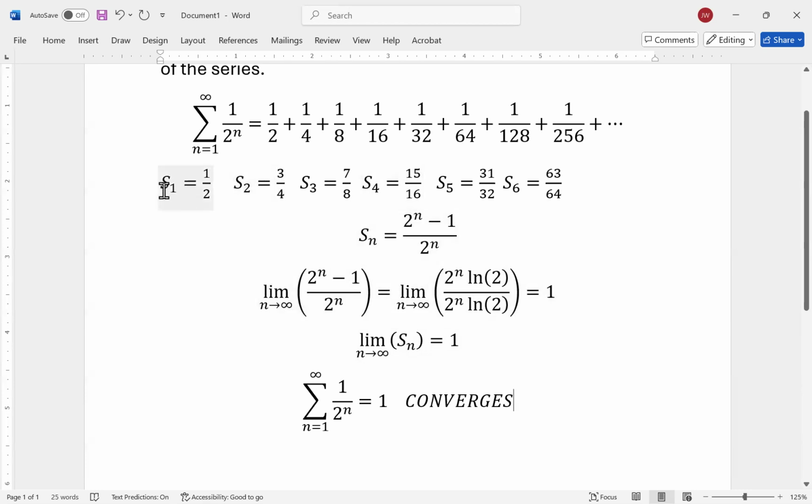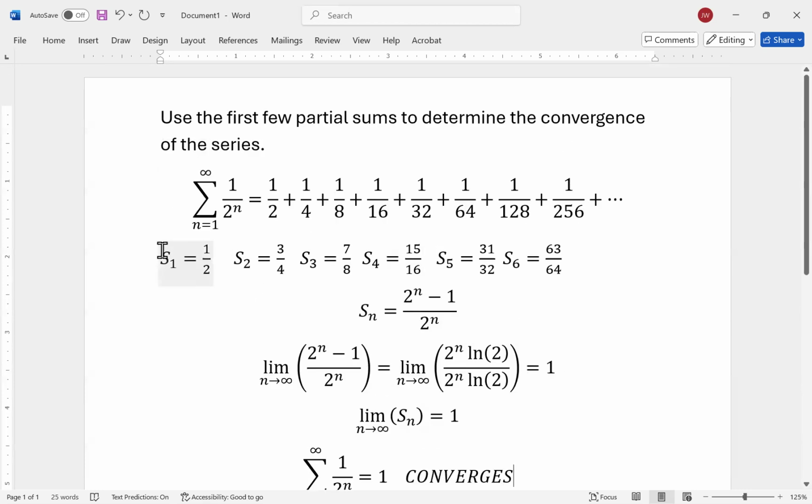Obviously, sometimes partial sums are easy to get and easy to see what's going on. In this case, my simplification was pretty straightforward. I just left things as fractions and then I could see it. Other times it might be more difficult to see, and we'll see some examples of those.